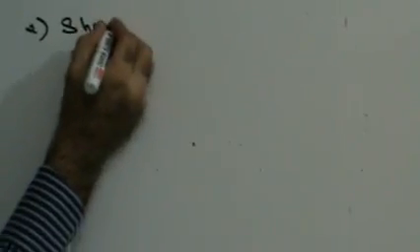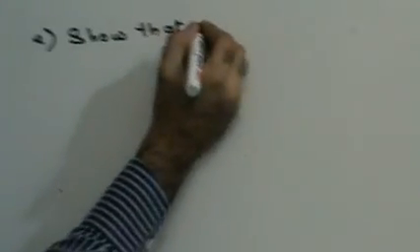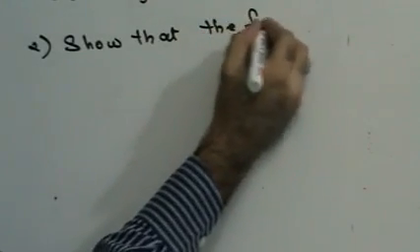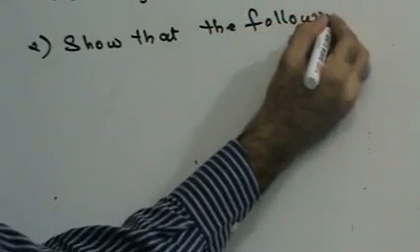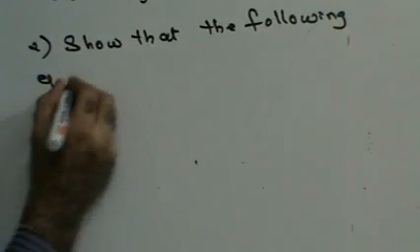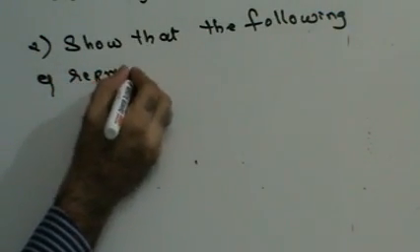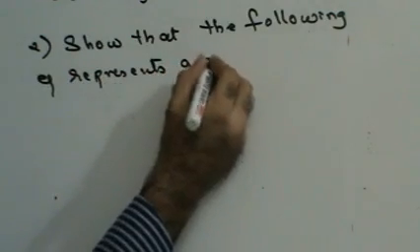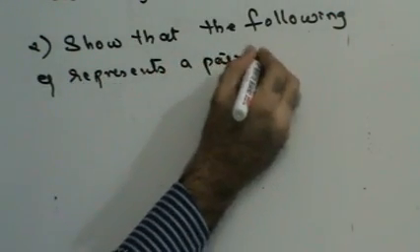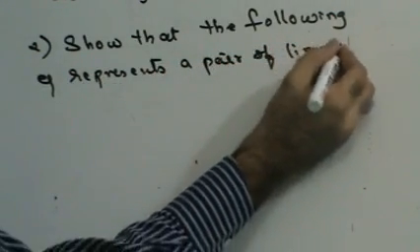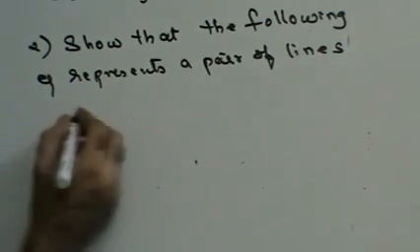Show that the following equation represents a pair of lines and find the angle between them.